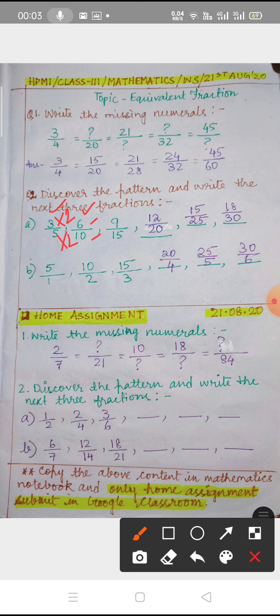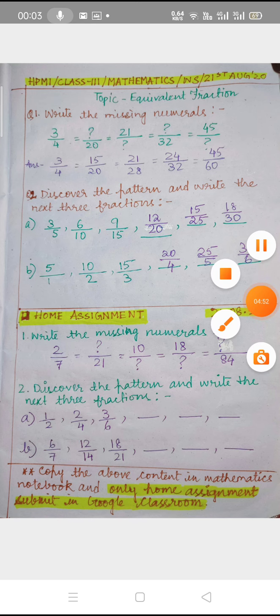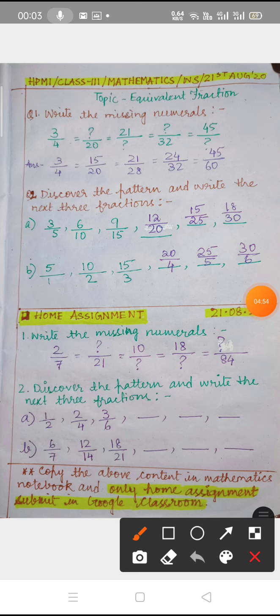Now for the next fraction, 3 is becoming 9, 5 is becoming 15. How? If we multiply both numerator and denominator by 3. 3 3s are 9, 5 3s are 15.